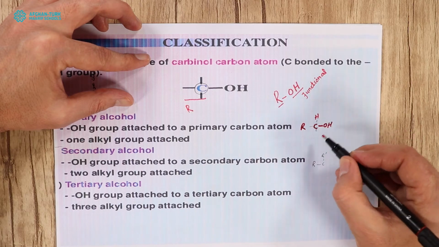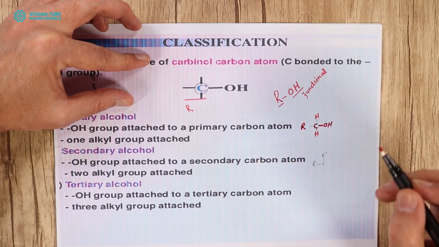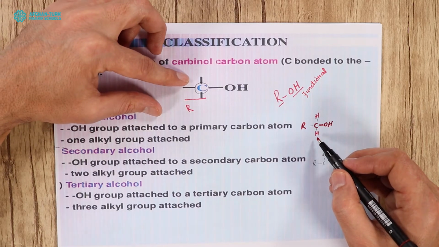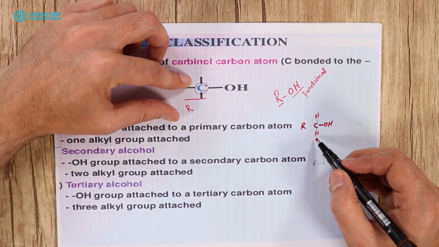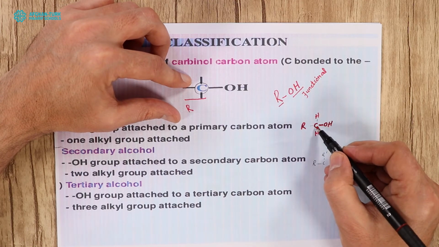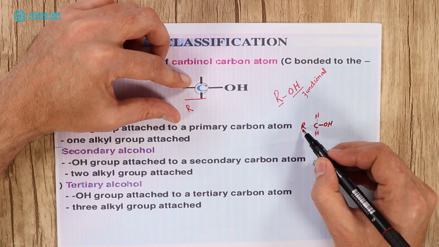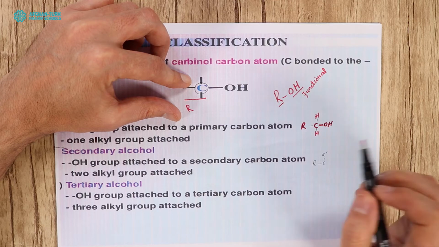The other attachments are hydrogen atoms. Such alcohols we call primary alcohols. When the carbon bearing OH is attached to only one alkyl group, we call it a primary alcohol.